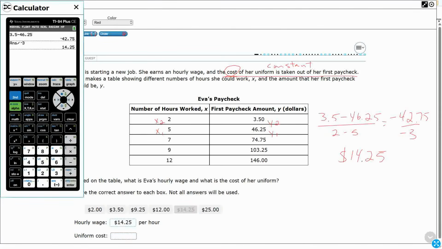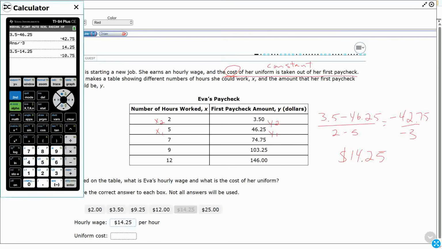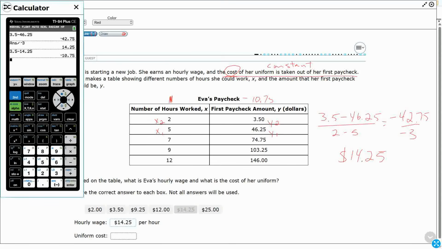Well, let's just back this up. Okay, so let's take our 3.50 and let's subtract an hour, and that's going to be negative 10.75. Okay, so after 1 hour of work, I took the 14.25 away. We're at now negative 10.75. So she owes money, but I don't want it for just 1 hour. I want 0 hours.